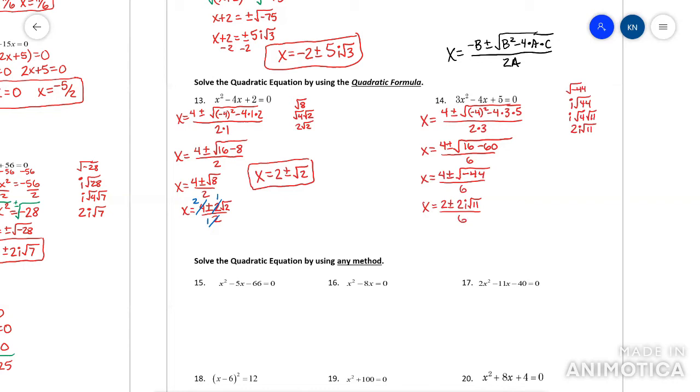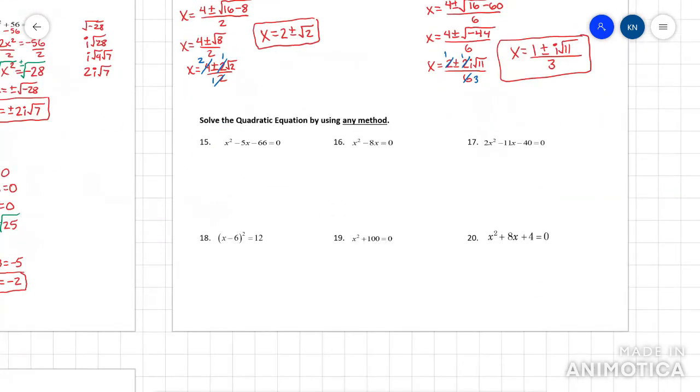It's all over 6. Now, again, if all of these numbers reduce, you have to reduce them. So divide them all by 2. And then you have your answer. X equals 1 plus or minus 1i root 11, or you can just write i root 11. And then it's all over 3, like that.